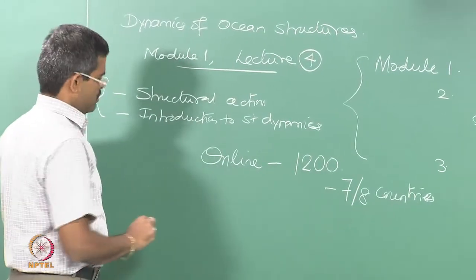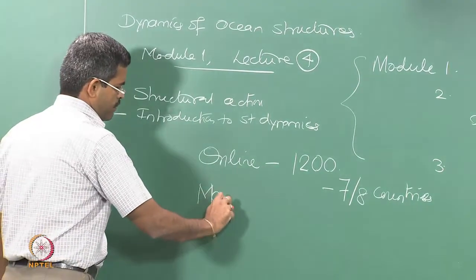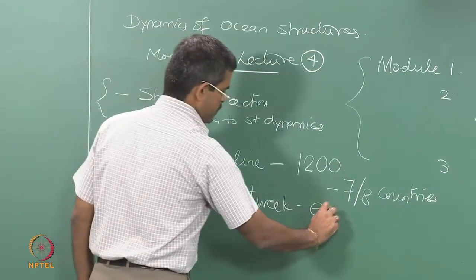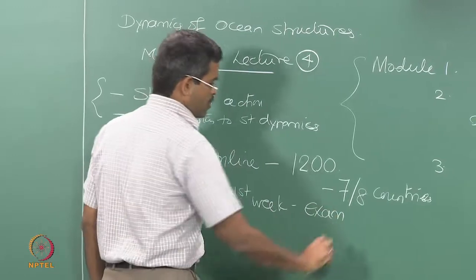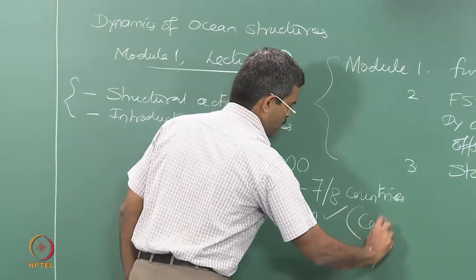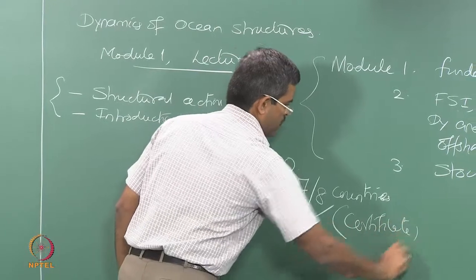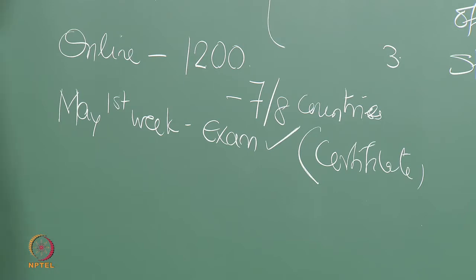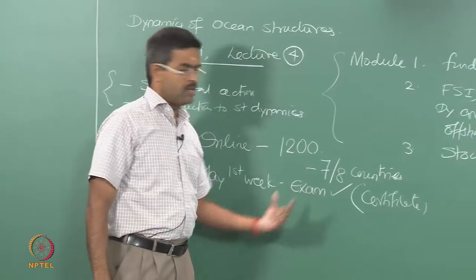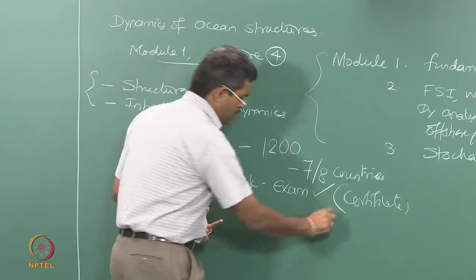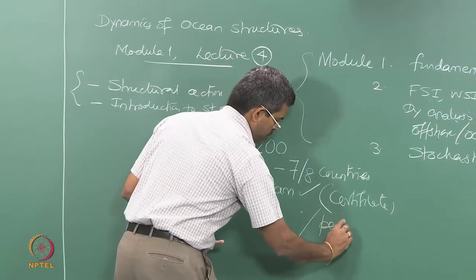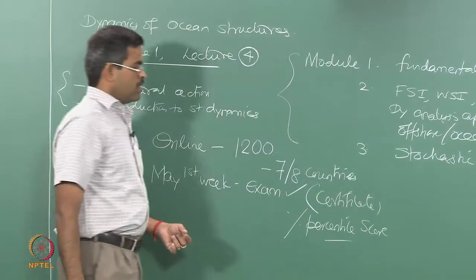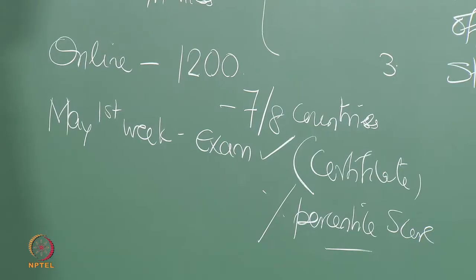At the end of the course, maybe possibly in the first week of May, there will be an exam which you have got to pass, then you will be given a certificate duly signed by IIT Madras. The certificate will have a unique ID and your photograph, and most importantly your percentile score on the subject. Now, you may ask me what is interesting about this.